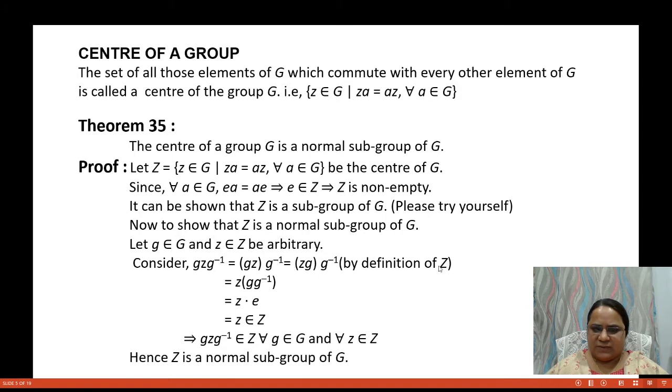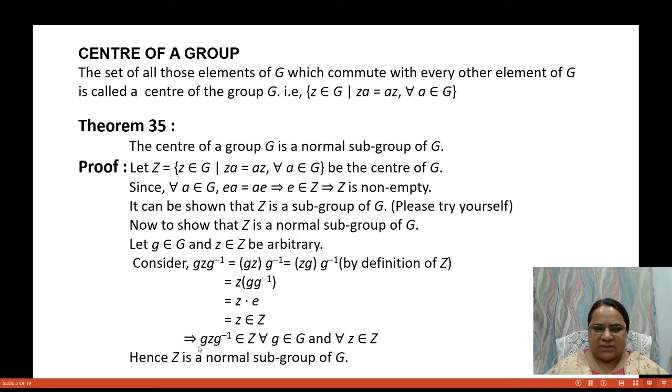So z can be taken outside using the commute property, and g into g inverse is nothing but e, so z into e. Since z belongs to Z, g z g inverse belongs to Z for all g belongs to G and for all z belongs to Z.